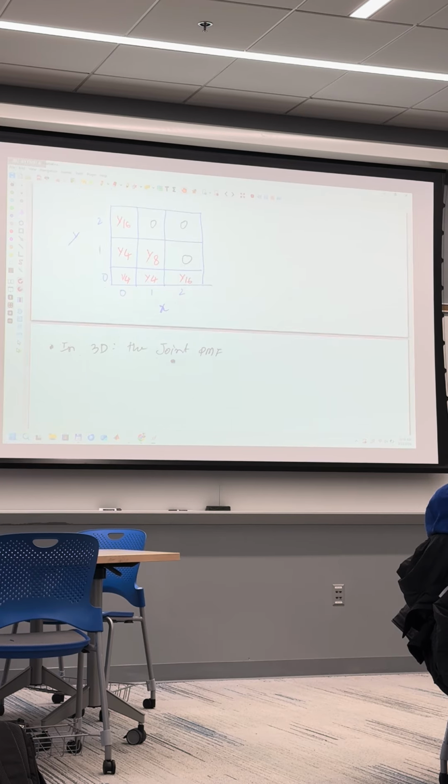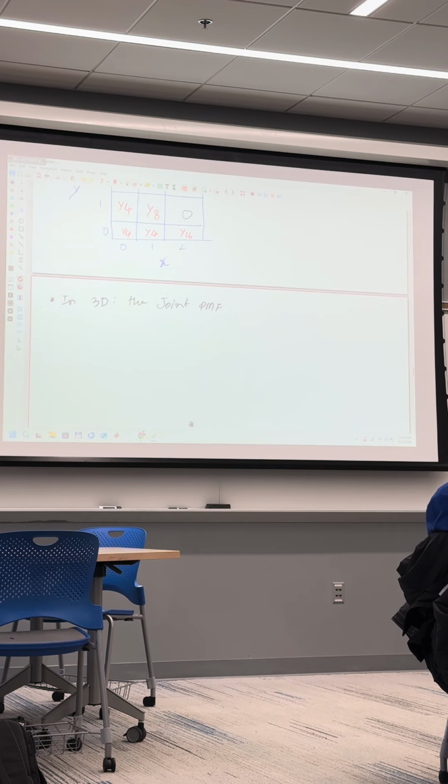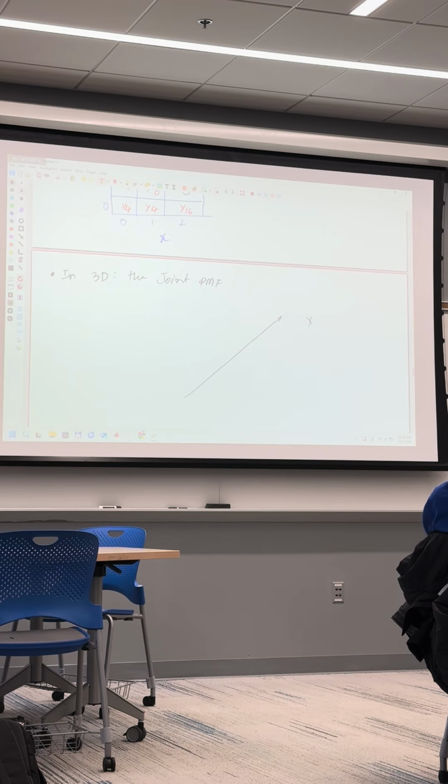I can only draw two-dimensional, but in 3D, the way you could do it is, let's say this is your x, and this is your y.